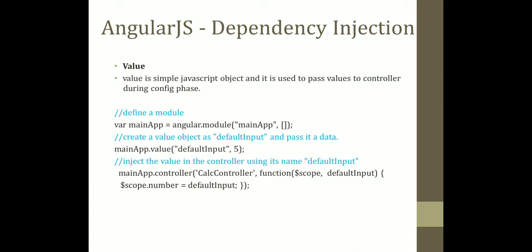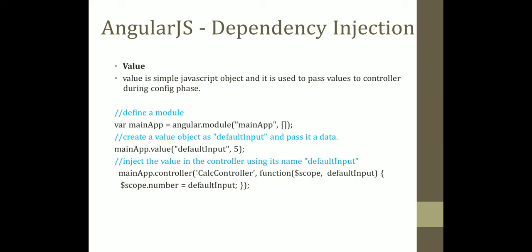We can use mainApp.value. Okay, so we have created a value object with the name defaultInput. So we have taken the first parameter as defaultInput and the second 5.